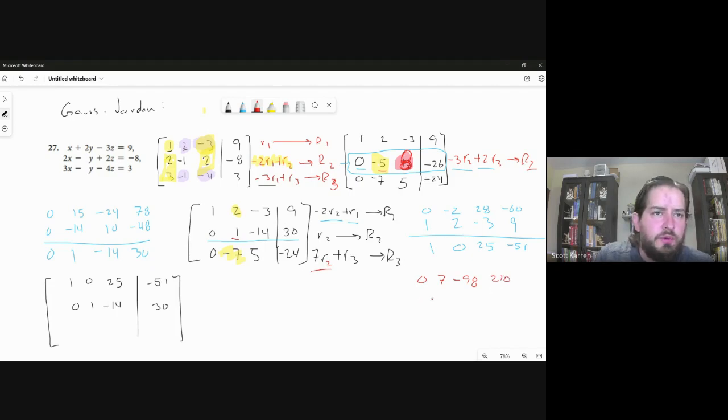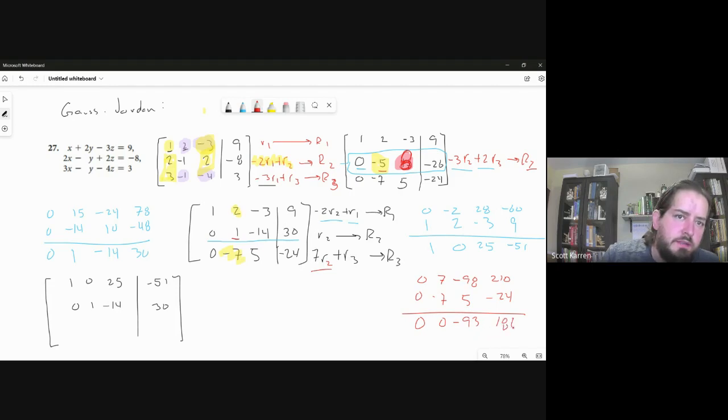And then I add row 3, which is 0, negative 7, 5, and negative 24. So my new row 3 is 0, 0, negative 93, and positive 186.